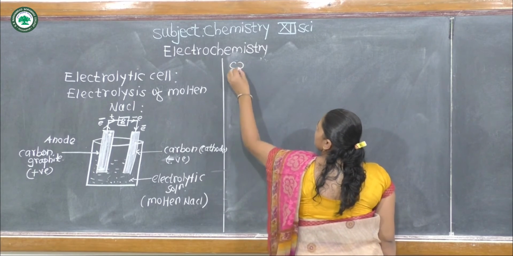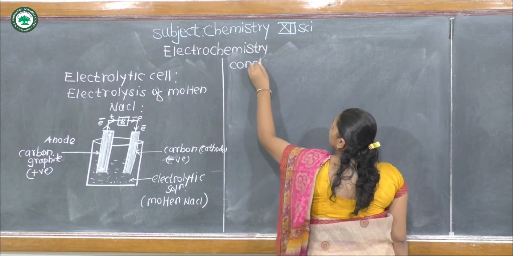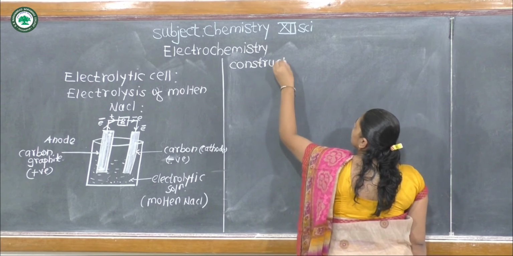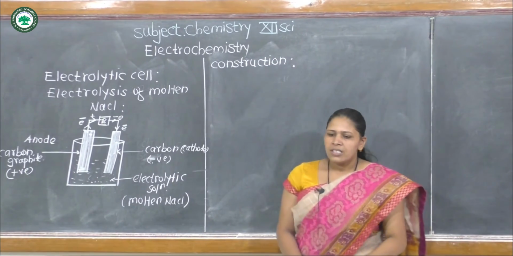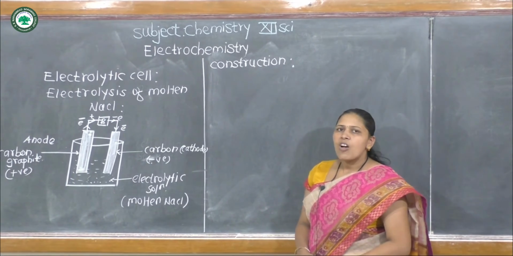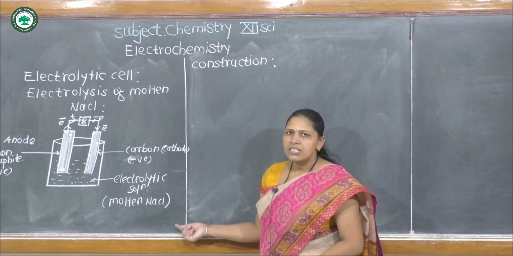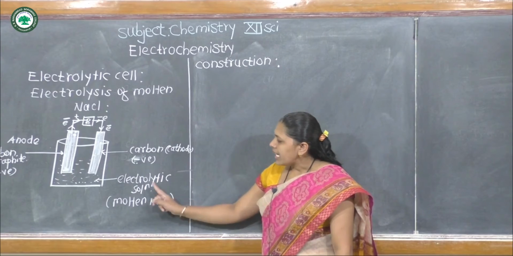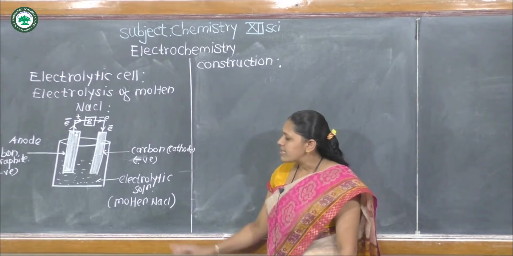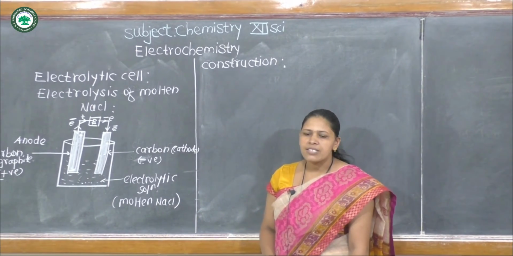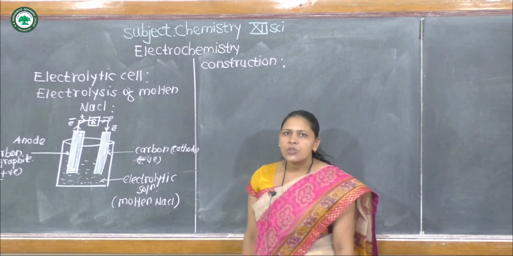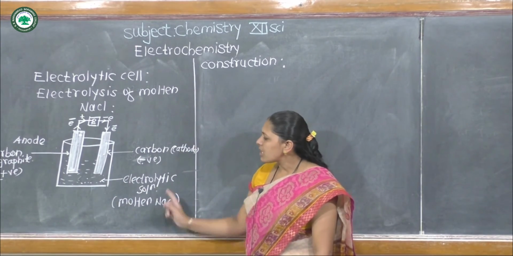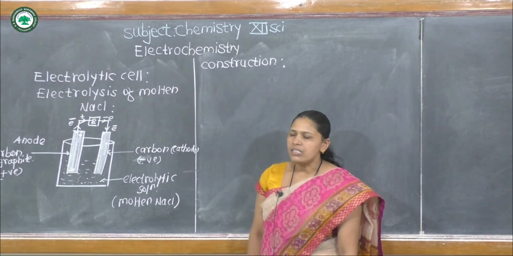Then the next point is construction. It consists of a container in which the electrolytic solution, that is molten NaCl, is placed. Two graphite electrodes are immersed in molten NaCl.